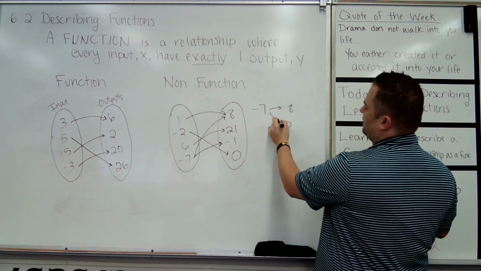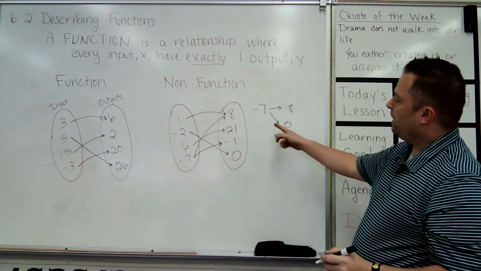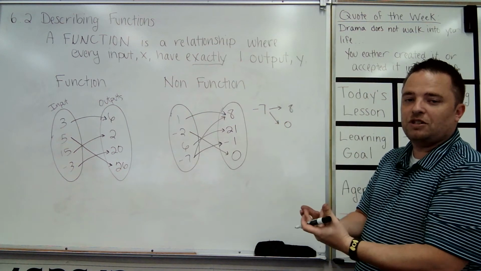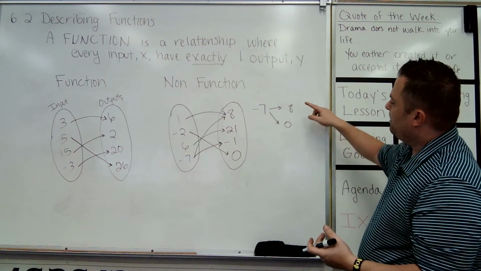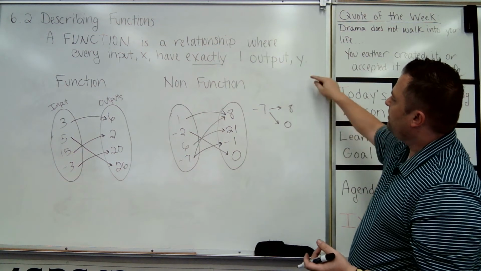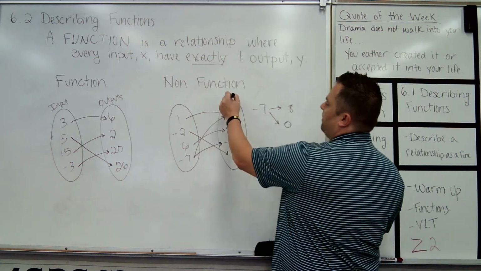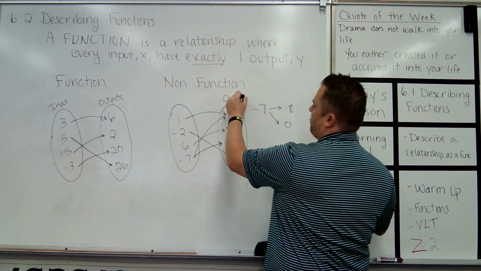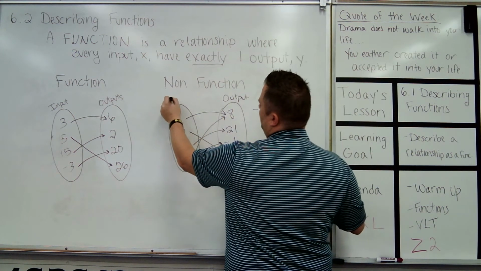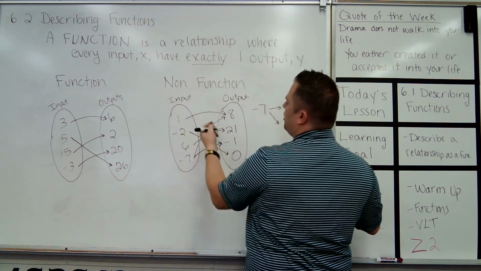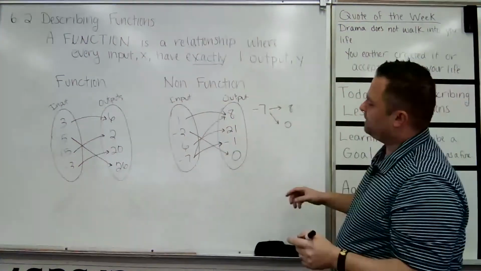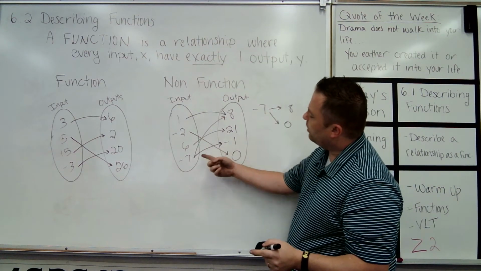This is the reason why it is not a function. When I put a -7 into my function machine, it produced 2 separate outputs, meaning 2 different numbers from my output list. These are my inputs. One input produced 2 outputs, and I could tell it did by these arrows.